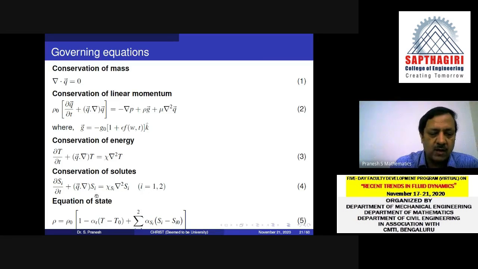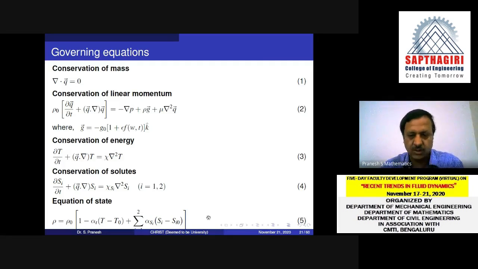If I put i equal to 1, you get S1, and that represents the conservation of the first solute. When you put i equal to 2, you get the conservation of the second solute. And then we use the equation of state, which gives how the density varies with temperature and the solutes. Again, we use the summation for i equal to 1 to 2.